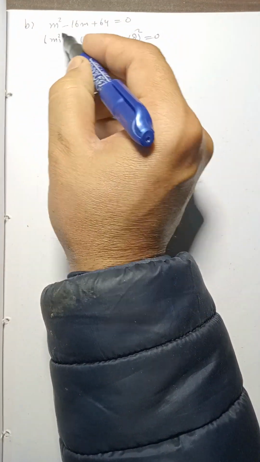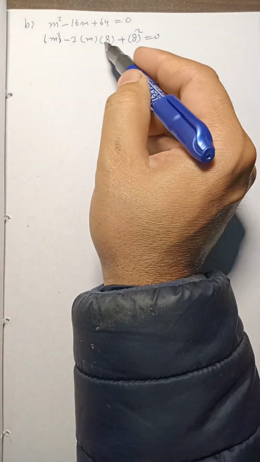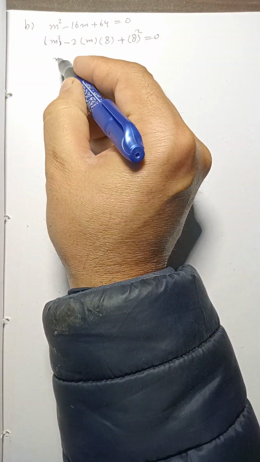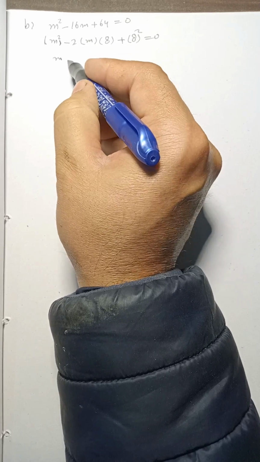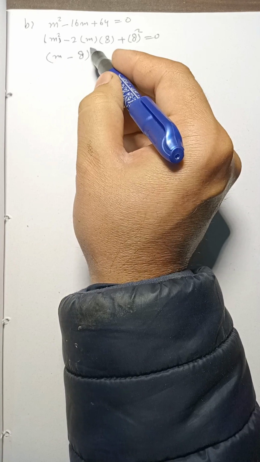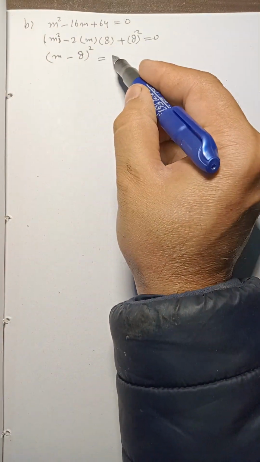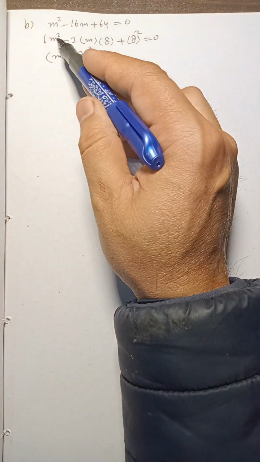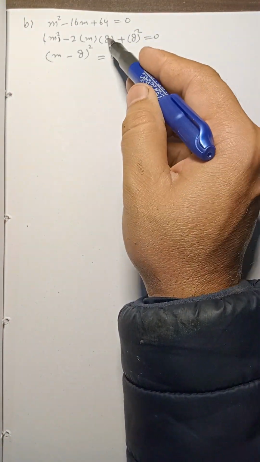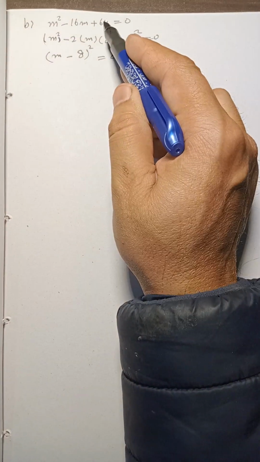Now m, the first term and the last term should be equal to a square, this minus sign should be here, and a minus b whole square is equal to 0. A square minus 2ab plus b square, 2 eights are 16 here, 8 eights are 64.